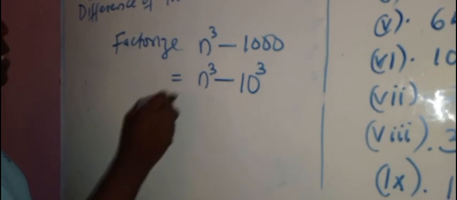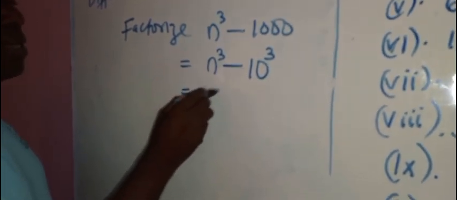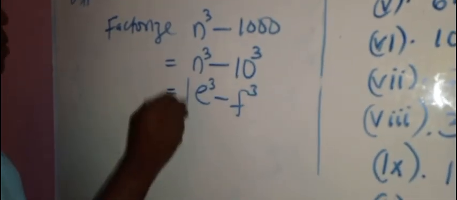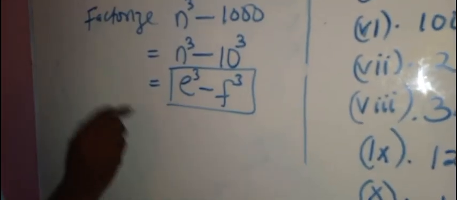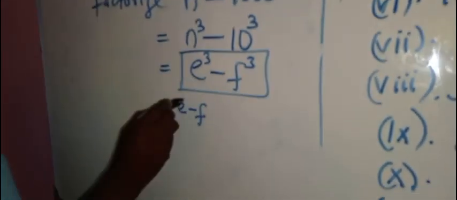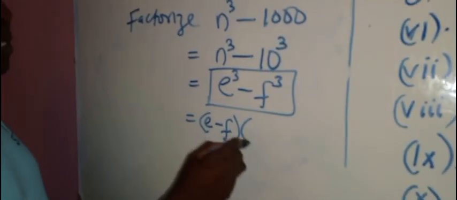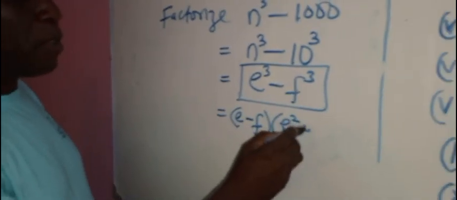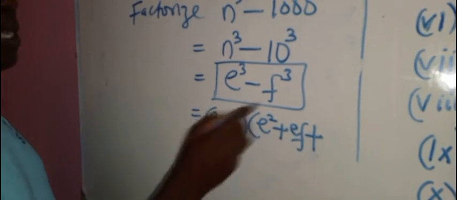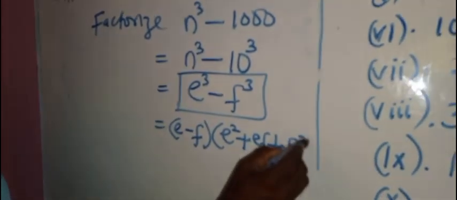So, assume that this is e cubed minus f cubed. You just assume this, okay? To enable you to write the formula, which will be e minus f. Are you following? Pick this, e squared plus e times f, ef. It always ends with plus, then pick f, square that f again.